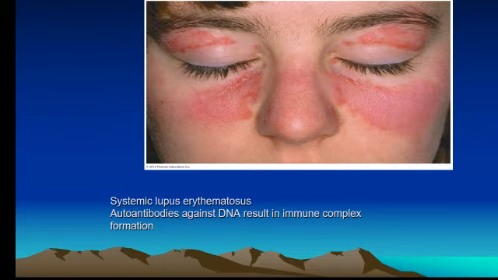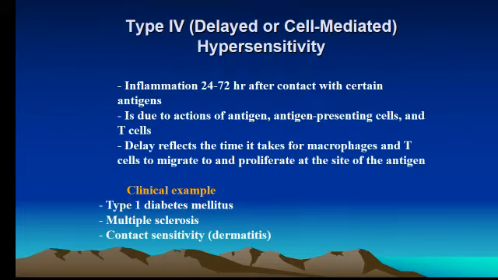Moving on to the next slide. Type 4, delayed or cell-mediated hypersensitivity. This type is the fourth type of hypersensitivity.